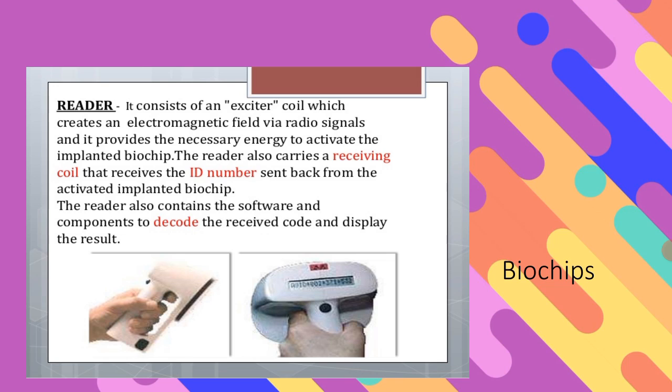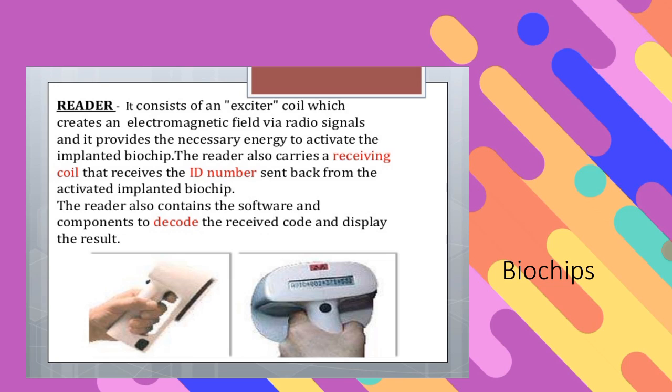One thing to remember here is that the energy used in this biochip is radio waves, and these radio waves are used at the same frequency for the reader and the same frequency for the transponder, so that their communication is established and successful communication will happen. Then next it has the receiving coil that receives the ID number.